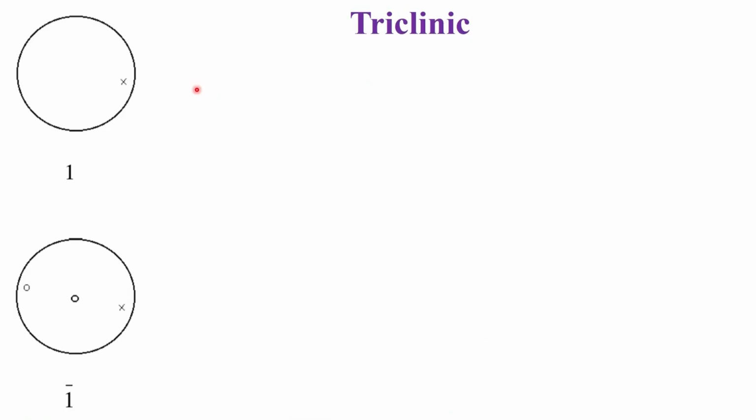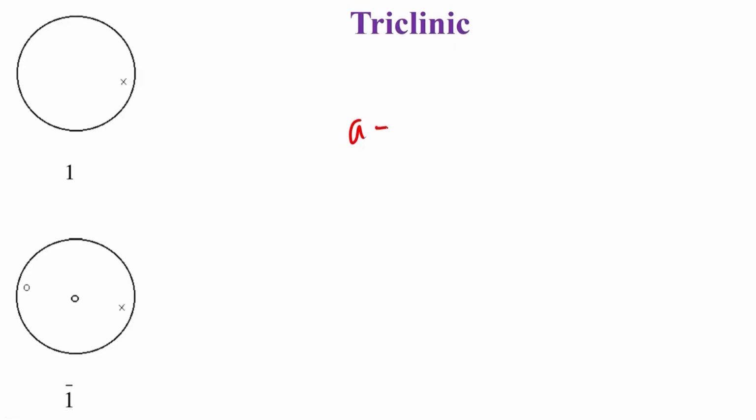So, let us start with the simplest of the systems, triclinic, and well, in some sense it is not the simplest, it is probably the most complicated from the structure point of view, because a is not equal to b, not equal to c, alpha, beta, gamma are not equal. So, a not equal to b, not equal to c, alpha not equal to beta, not equal to gamma, and in fact you can even say they are not equal, or one of them could be 90.